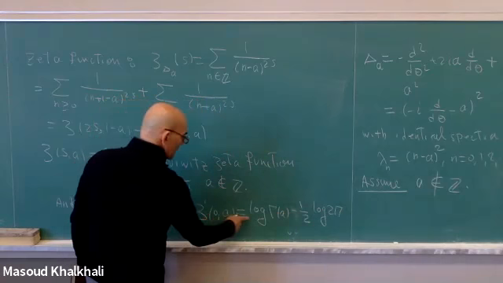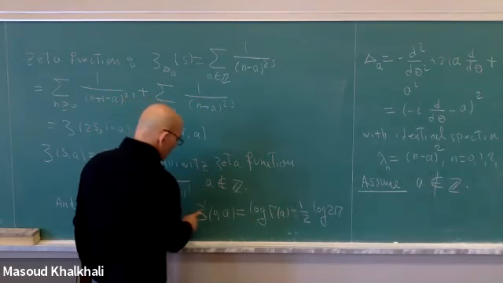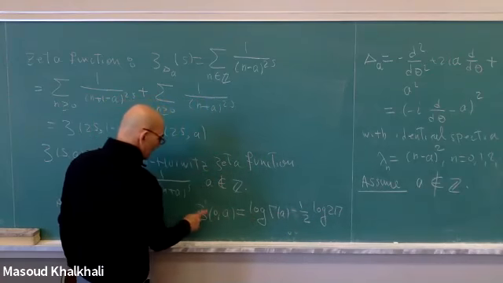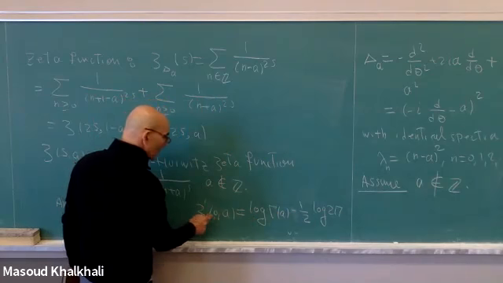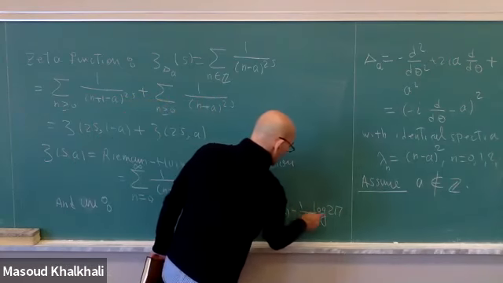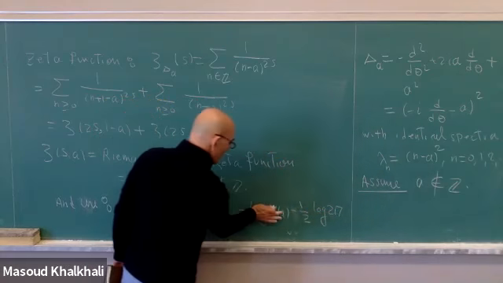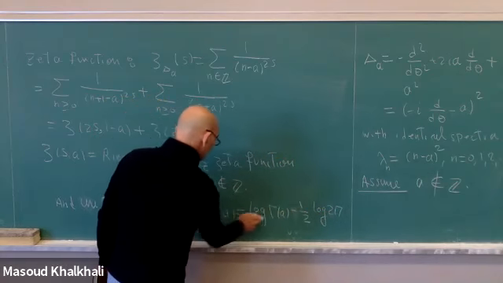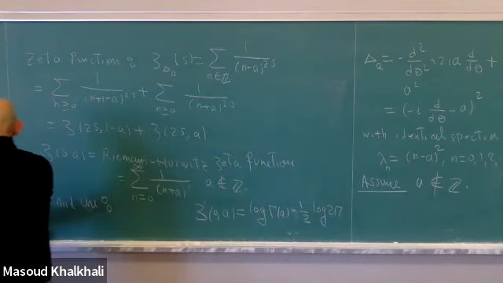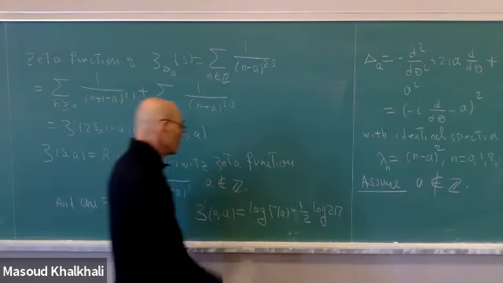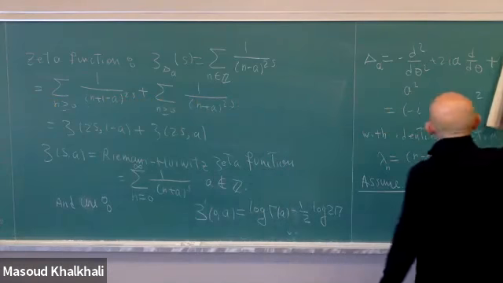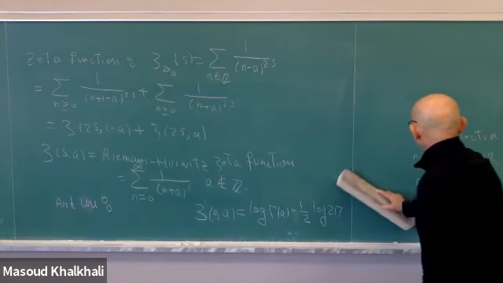Remember, I indicated in the last lecture how to compute zeta prime 0 in terms of 1/2 log of 2 pi, without this term. Now we have this term. So you can use this to compute the analytic torsion in this case.